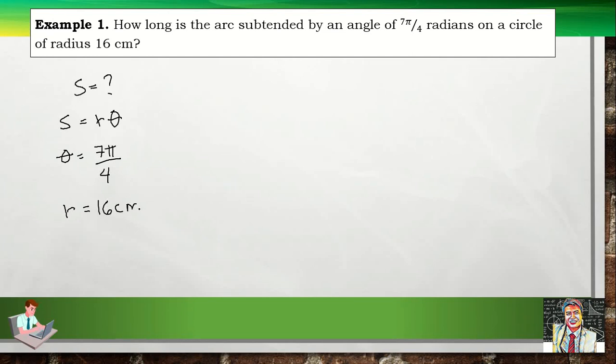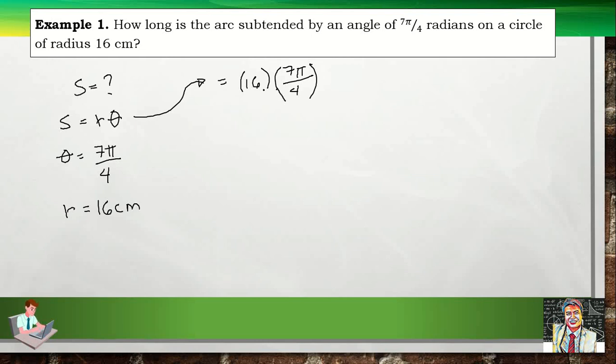By substitution, that will become R, which is 16, times the radian measure, 7 pi over 4.